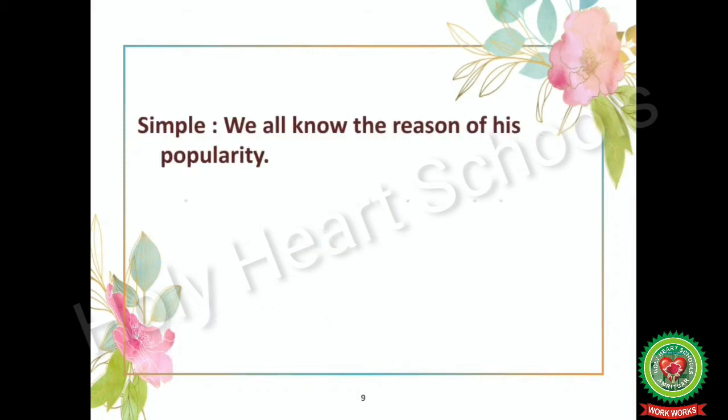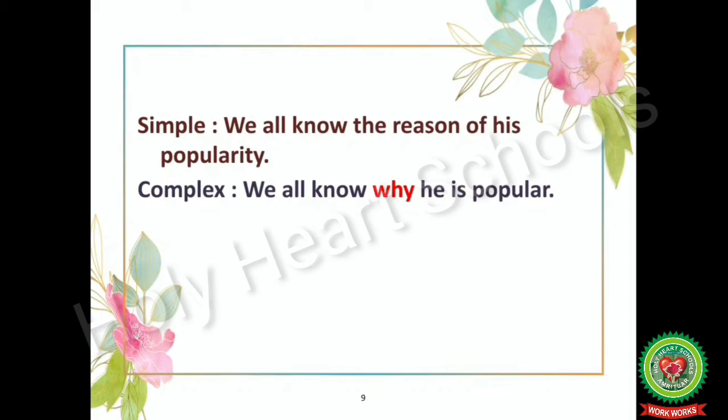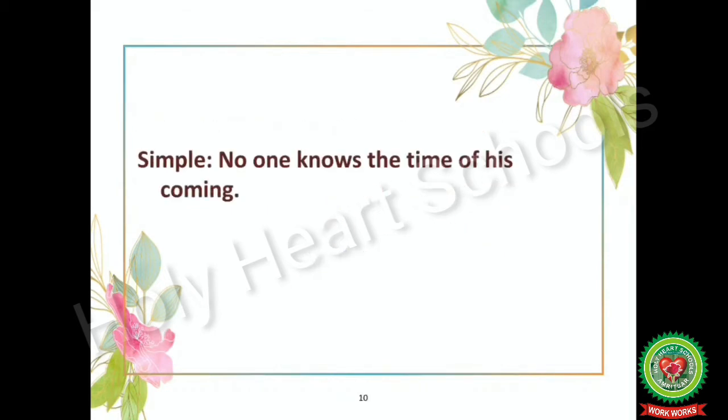Next sentence. We all know the reason of his popularity. So students, what do we all know? We all know why he is popular. So we have used subordinating conjunction why and the two finite verbs in the statement are know and is. Let's see the last sentence.